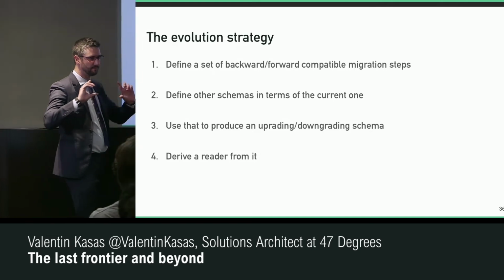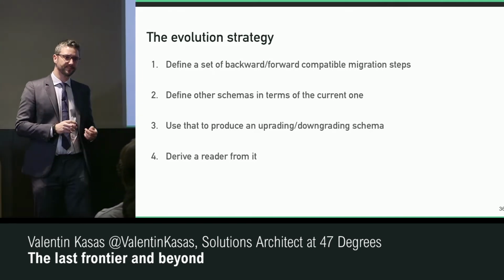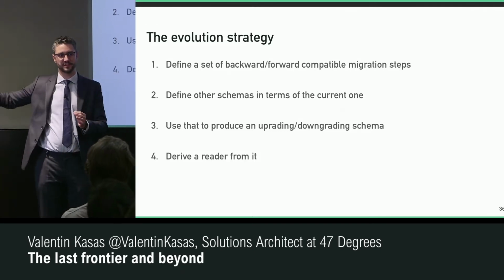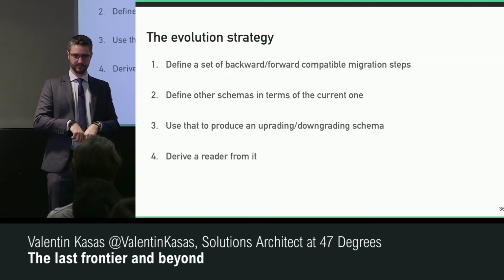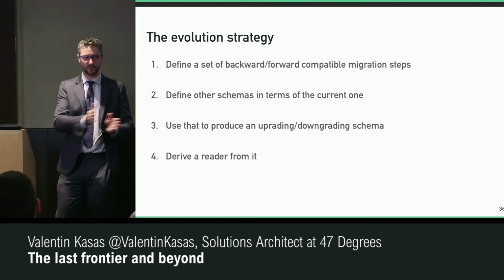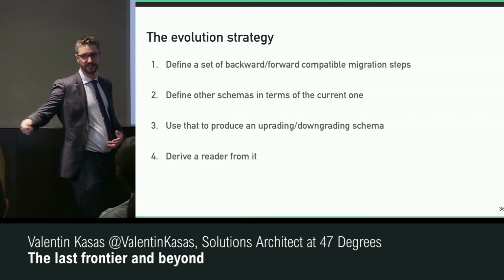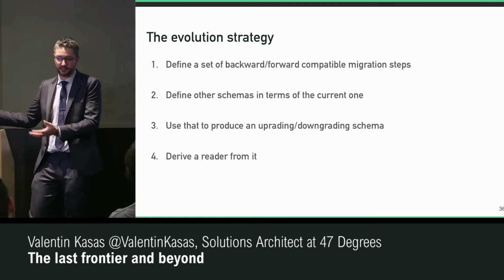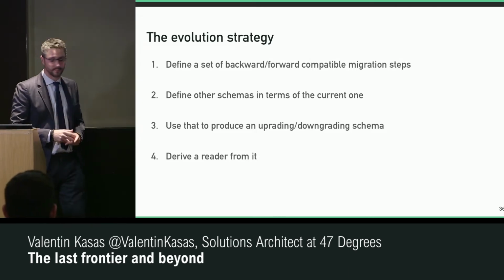Then, and that's the difficult trick, you will define a schema of the old representation, but expressed in terms of the current one. So it goes backward in some way. Then you will use this alternative schema to derive a reader, as you would with any schema, and you're good.